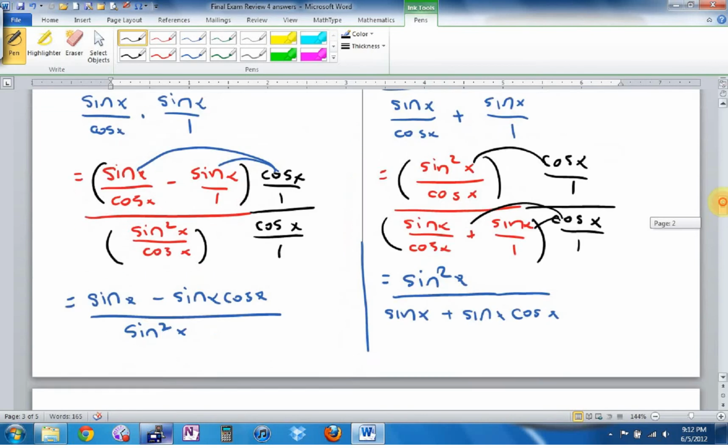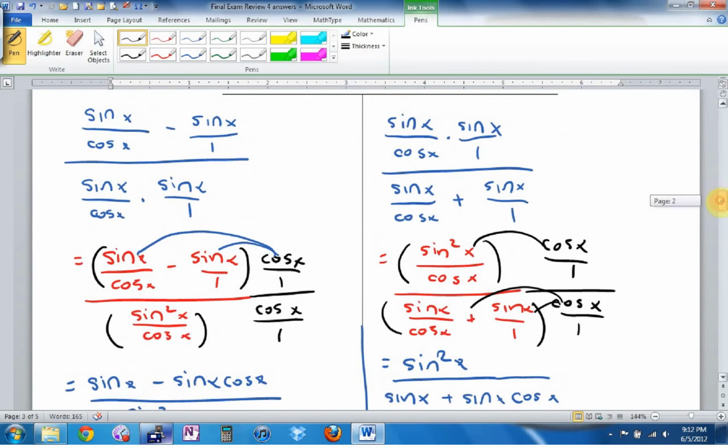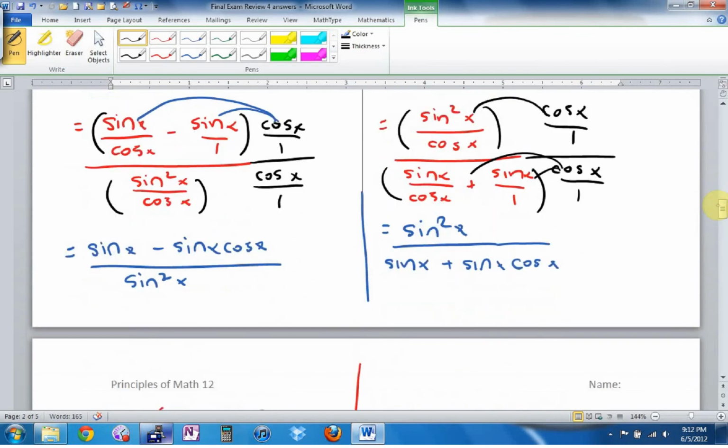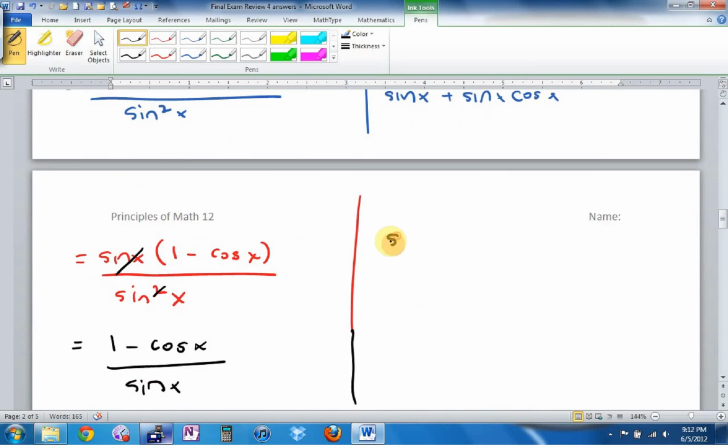On the right, I can do the same thing. Whoops, too far. On the right, I can factor a GCF on the bottom. So I have sine squared x all over sine x times 1 plus cos x.